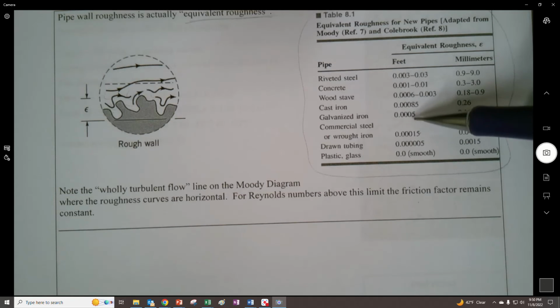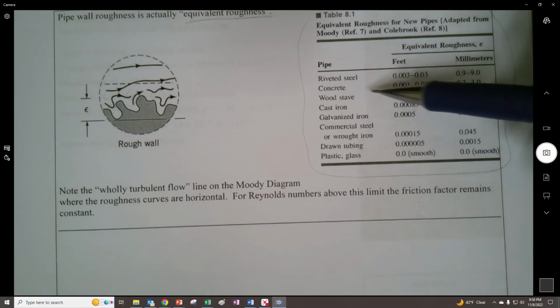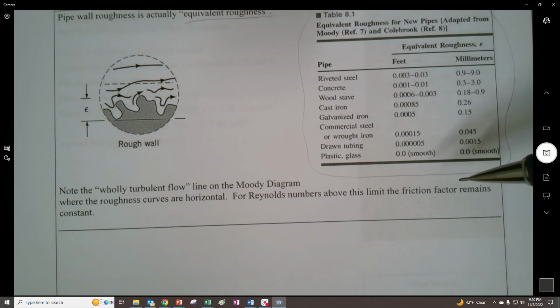We might go galvanized iron, or cast iron, but probably not concrete because we're not civil engineers; we're mostly mechanical engineers in our class. So that's the end of this video where we're talking about the treatment for turbulent pipe flow, and we're going to do an example in the next video.